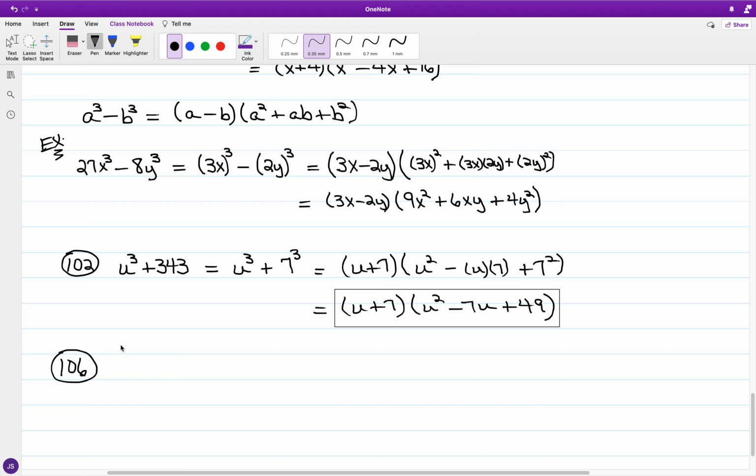Okay, so we have 27 m to the 12th. Then we have minus 64 n to the 9th.